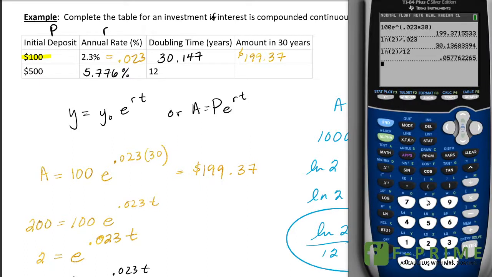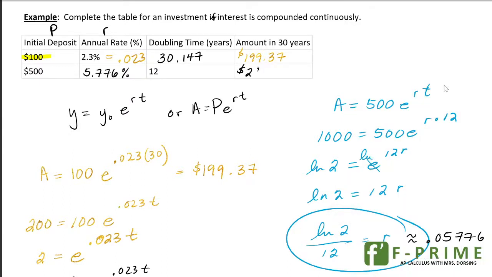So I would do 500, that's my initial deposit, times e to the power of my rate, changed back to a decimal, times 30, because we want the amount in 30 years. We'd have about 2828, so $2,828.